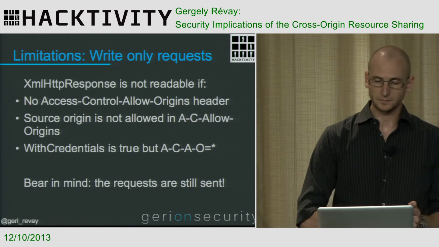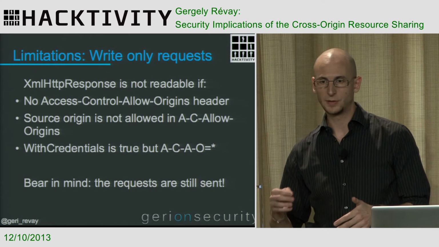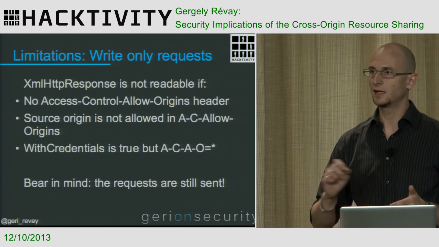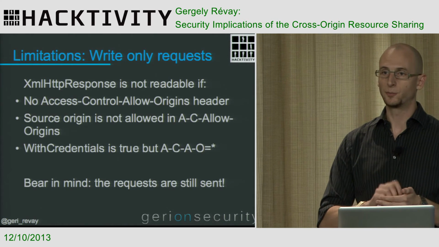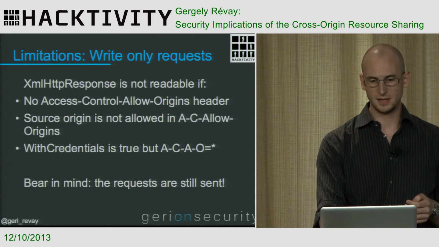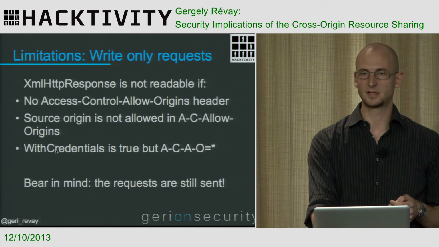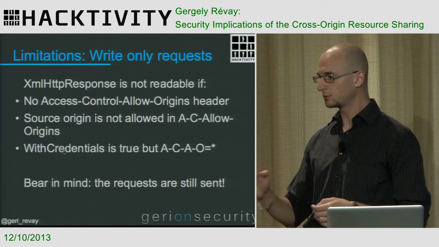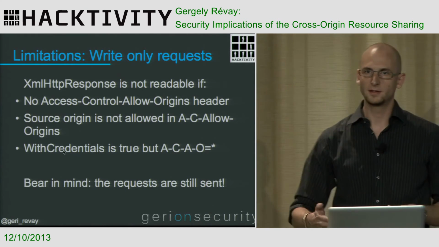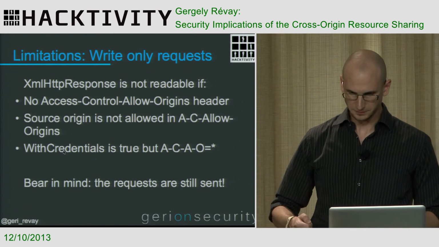And the funny thing is that now in JavaScript, in XML HTTP request, you can tell the browser, please attach my cookies to this request. This is the withCredentials property of the XML HTTP request object. So you can say withCredentials equals true, and then the browser will see, okay, then I have cookies here, I will just attach them.